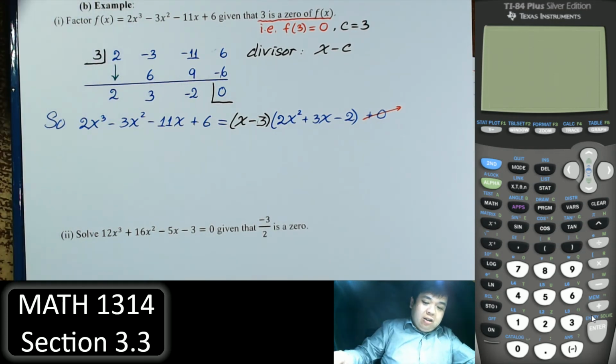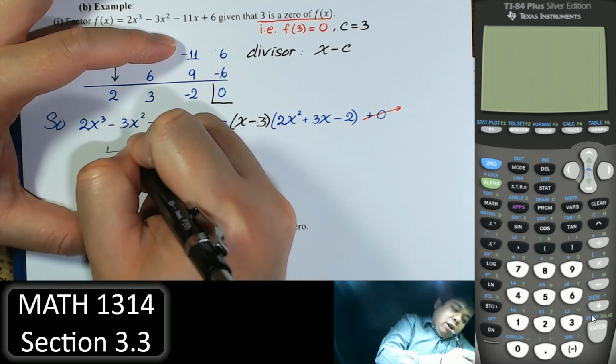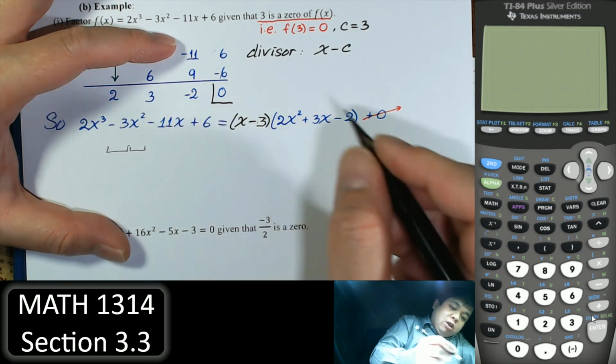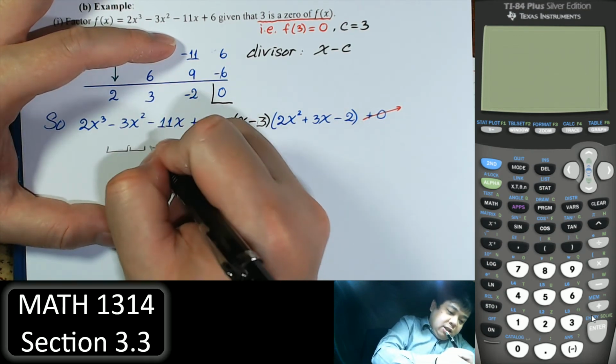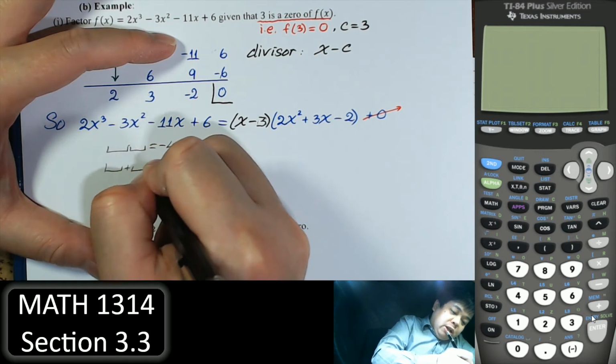So to factor 2x squared plus 3x minus 2, find two numbers that multiply together to equal the first times the last, and they should add up to the middle number.